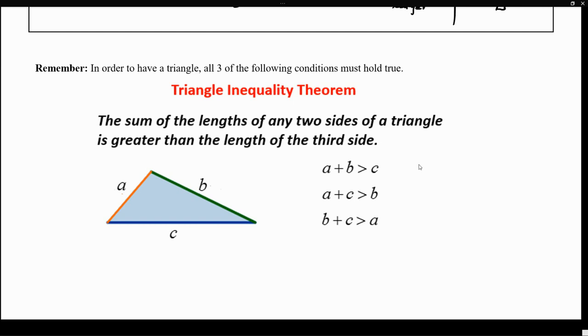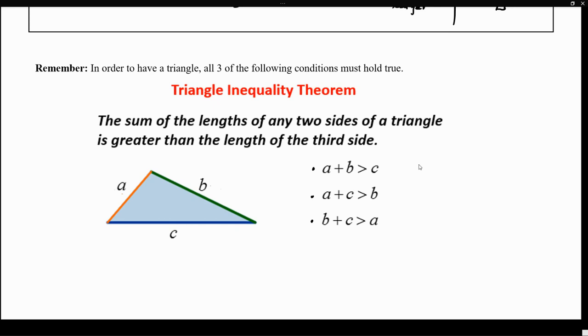And these three conditions must be true in order for us to properly say that we have a triangle. It doesn't really matter if it's right, obtuse, or acute. So just remember this: the sum of the lengths of any two sides of a triangle will always be greater than the length of the third.